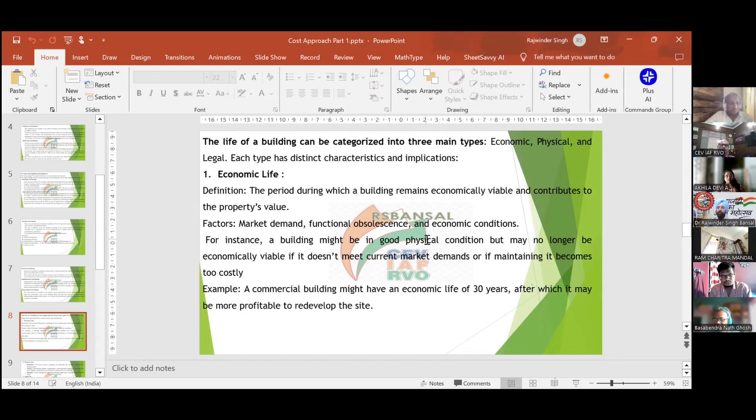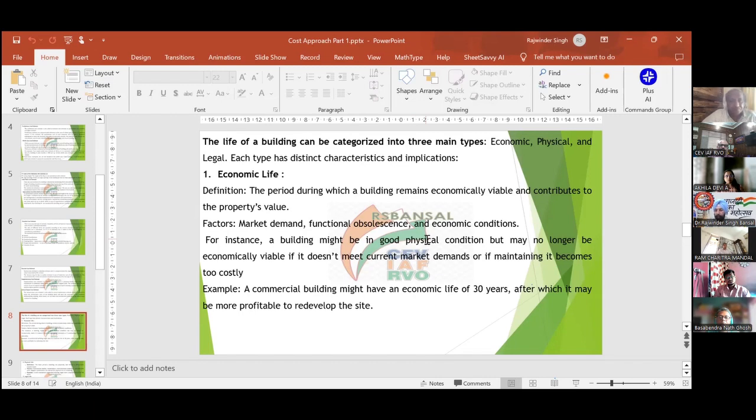So when this situation is reached, that you need a lot of maintenance, and that maintenance is of such an amount that you can buy a new car, and buying a new car will be more viable for you.